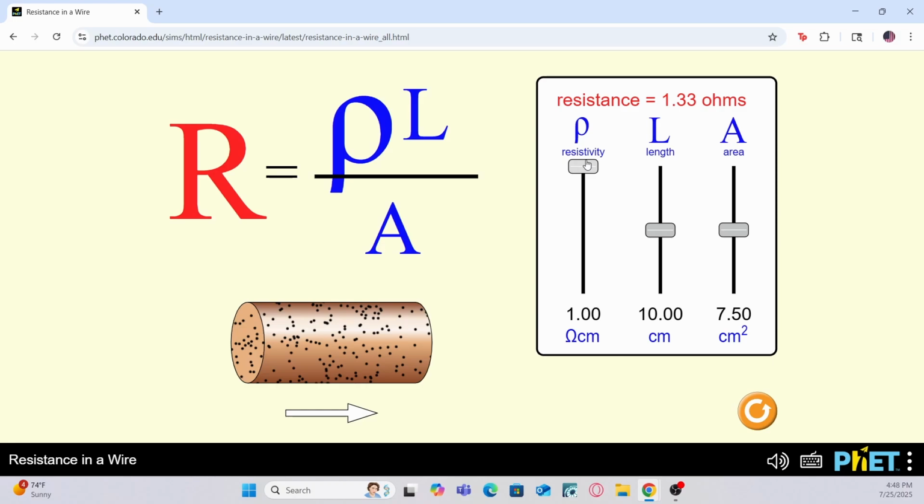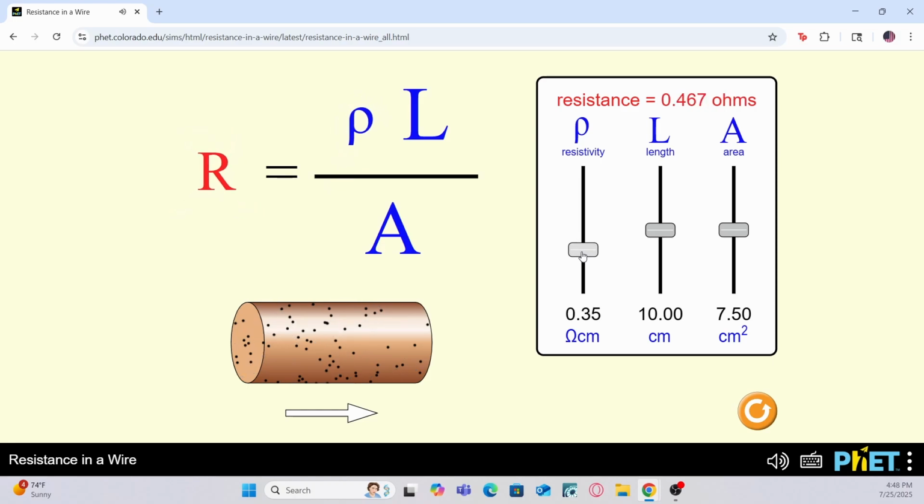And the reason it is temperature dependent is because of lattice vibrations. Okay, so these little black dots represent all the little things that can impede or disturb or scatter the flow of electrons. And as you can see, like I said, it is directly proportional.